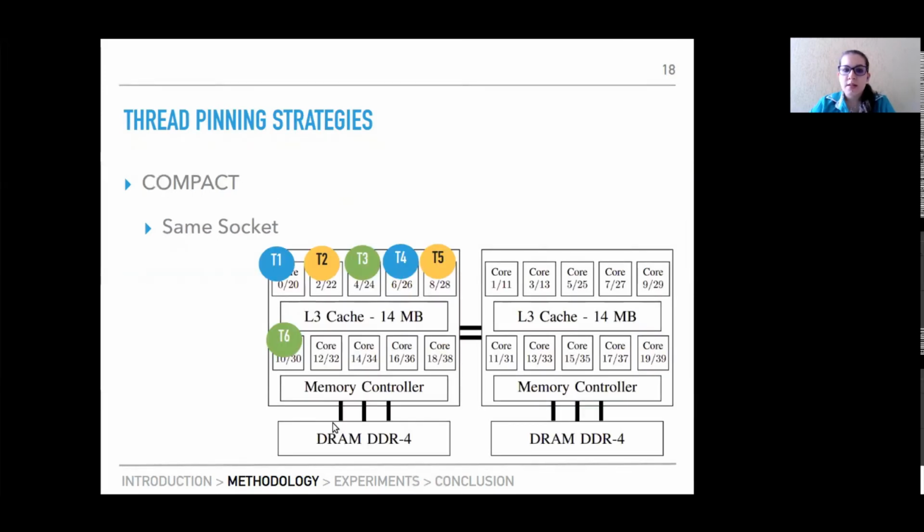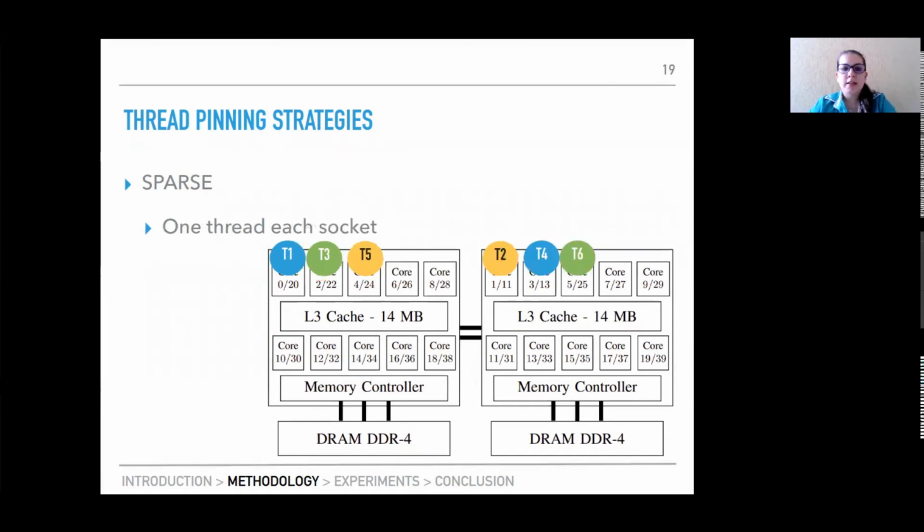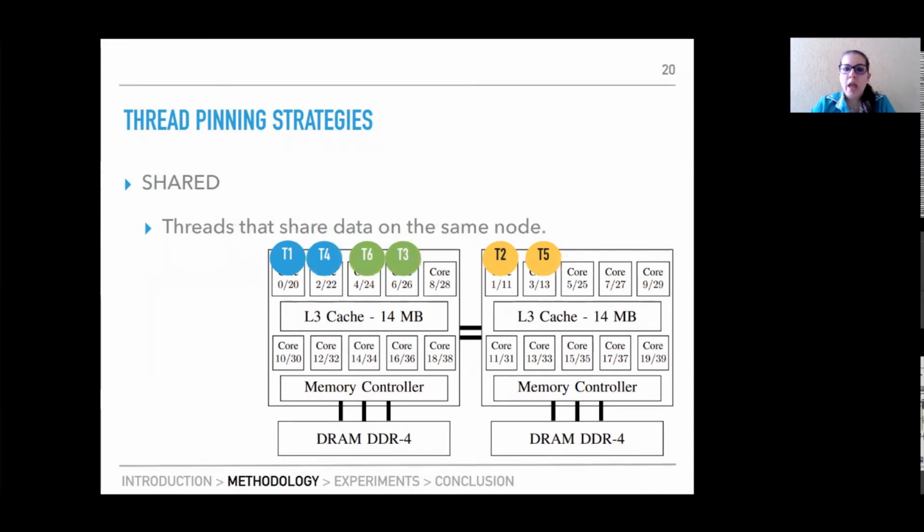The thread pinning follows the order of thread creation and only uses one NUMA node. Next, the sparse strategy distributes the threads equally among the nodes, one thread per node. The shared strategy aims to pin sets of threads that work on the same chunk to a single NUMA node.